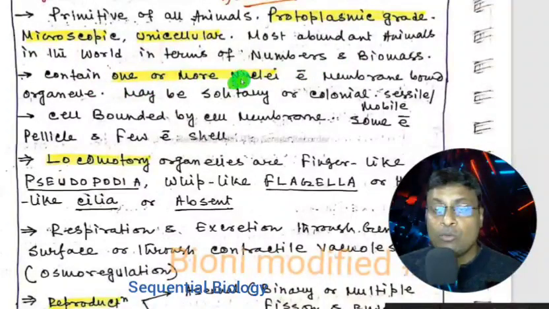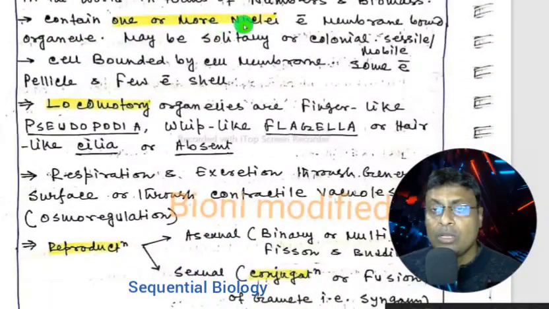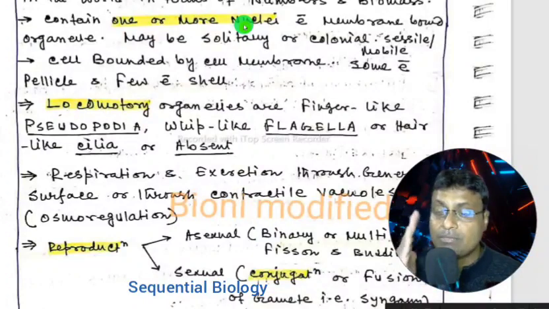They contain one or more nuclei with membrane-bound organelles. Since they have one or more nuclei, and nuclei and membrane-bound organelles are present only in eukaryotes, this phylum Protozoa are unicellular eukaryotic organisms.